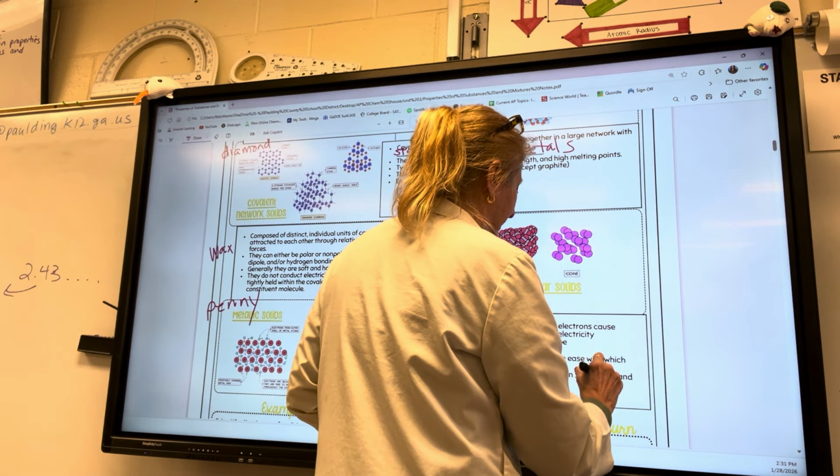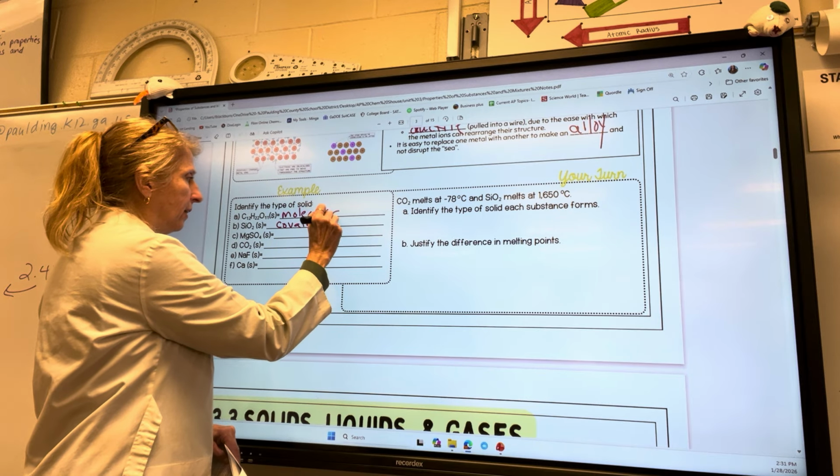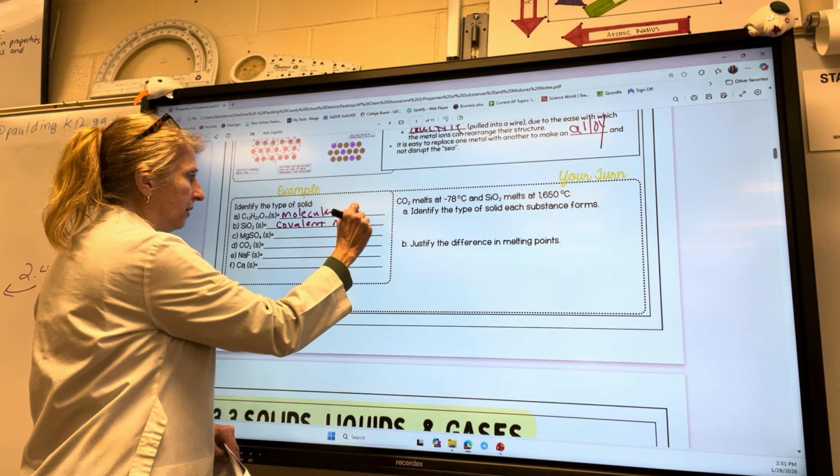So easy. All right, examples. So we got a few little examples of things. This is carbon, hydrogen, and oxygen, so that is a hydrocarbon. It is molecular bonds, a molecular solid. Okay. Silicon dioxide, that is the covalent network solid.